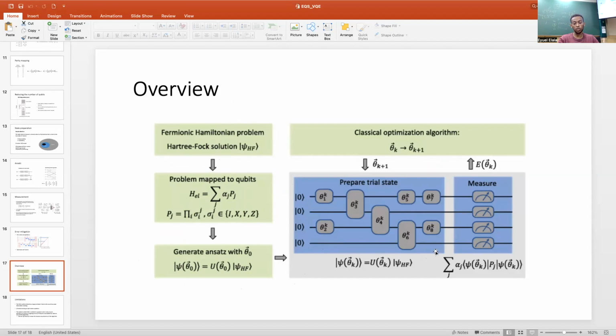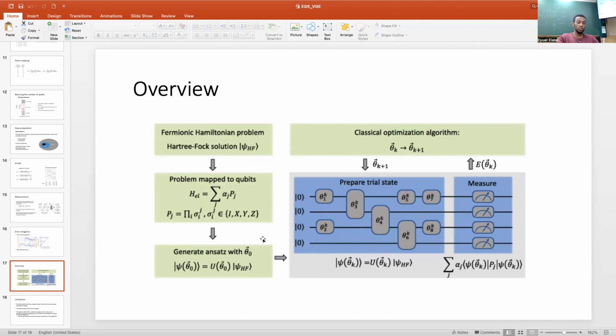So in order to do measurement, we have to rotate them into the given basis. And then we update the parameters in an optimization loop. So this is the whole VQE algorithm, and we could estimate the ground state energy or the minimum eigenvalue of the given Hamiltonian with this step.